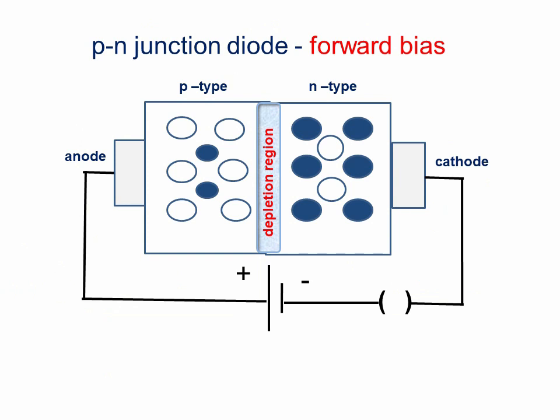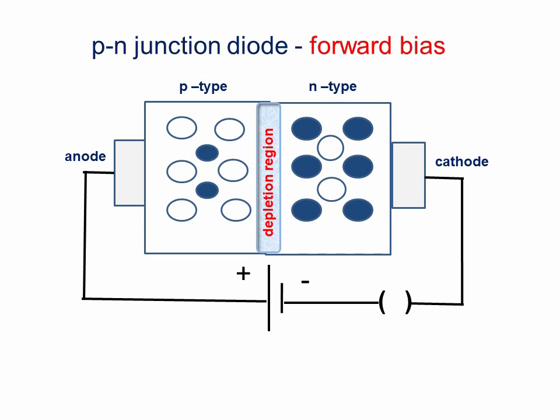Here we see how the diode is working in forward bias. The diode needs anode and cathode electrodes to pass the current. So, it is mentioned in that diagram. For forward bias, the P region is connected to the positive terminal of the battery and the N region is connected to the negative terminal of the battery.